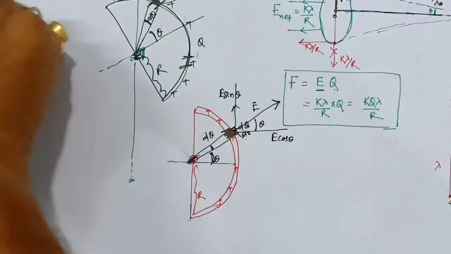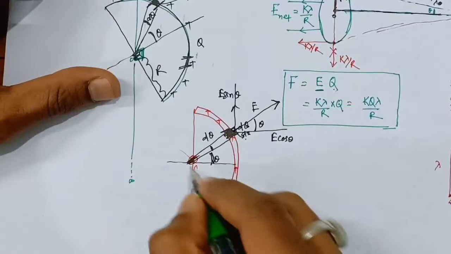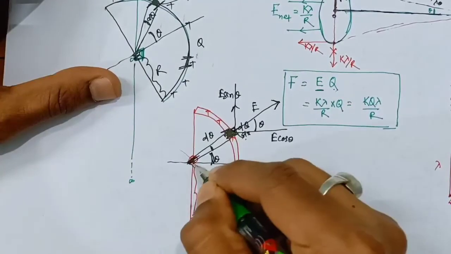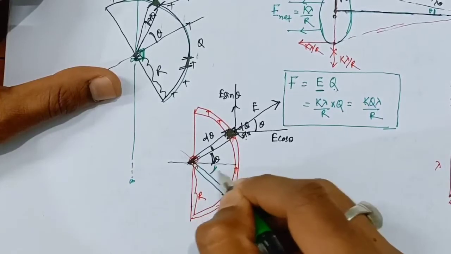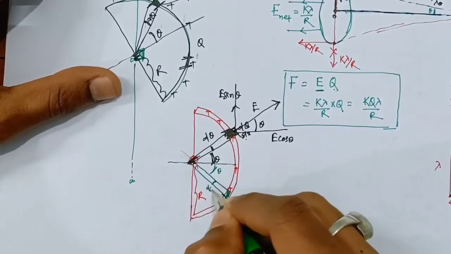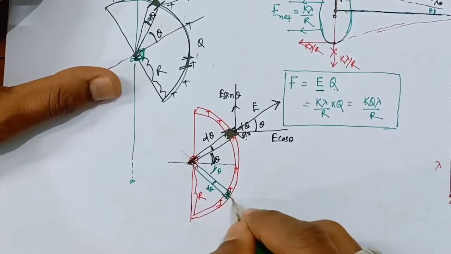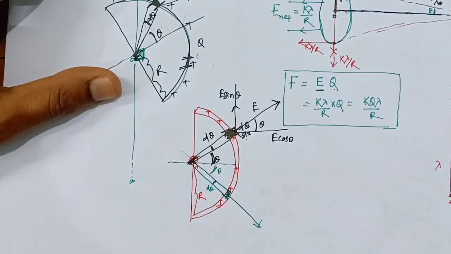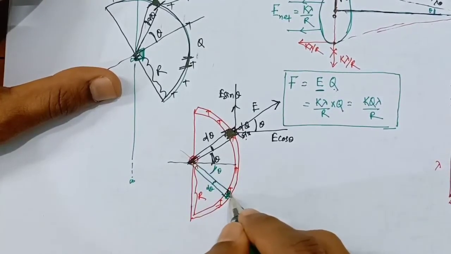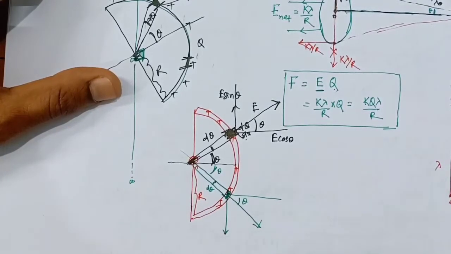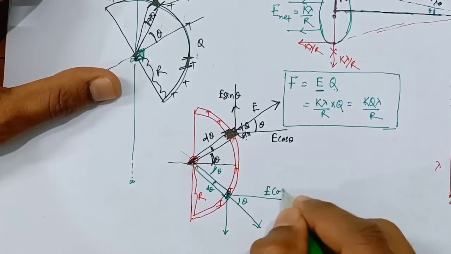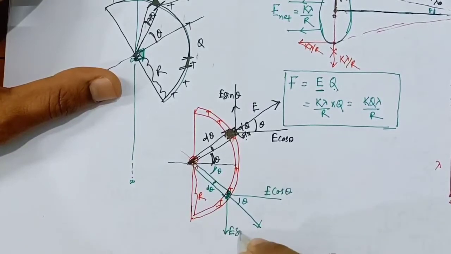In a similar fashion, if I go for the symmetry, from theta to d theta, one element I will consider, the electric field will go like this. So this is E cos theta and this is E sin theta.